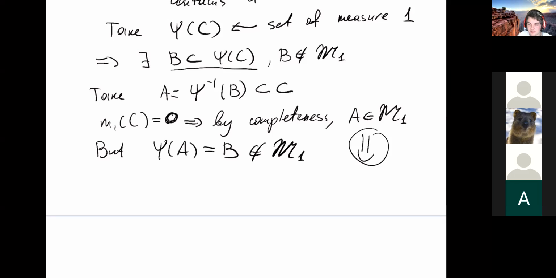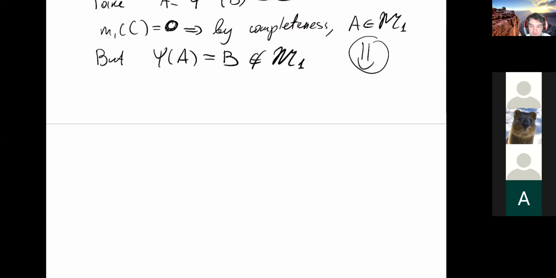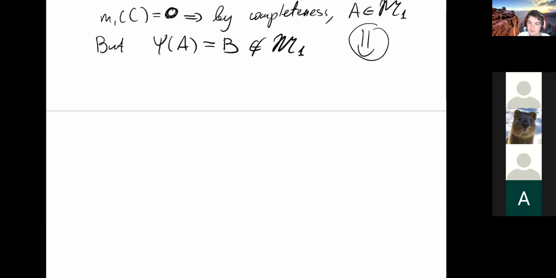Even though it's increasing, it still adds a lot of chaos to the set, and so it can make a positive measure from a 0 measure. Sorry, not enough sleep. Or it can make a non-measurable set from a 0 measure set. So this psi is really weird.